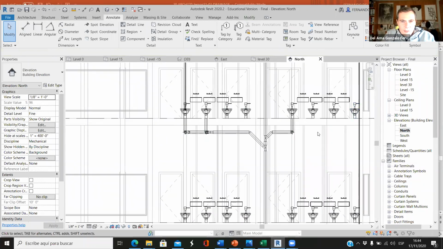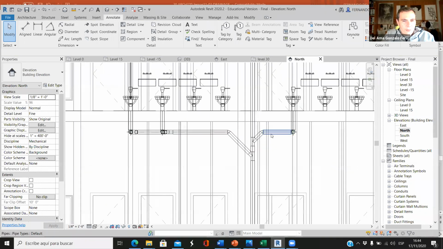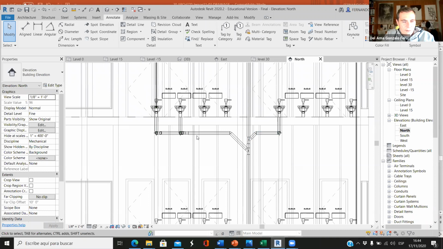If we connect all the toilets to the same horizontal branch, and then we have the vertical stack at the end, there is a lot of horizontal distance and it's not good. So the shorter the horizontal branch, the better. That's why I've decided to place the stack here.